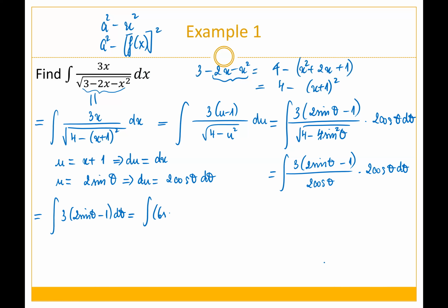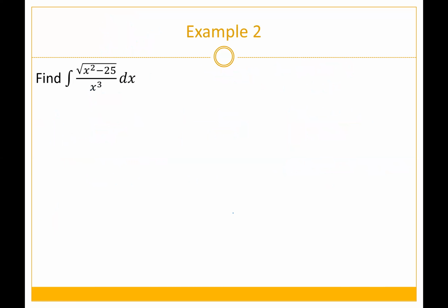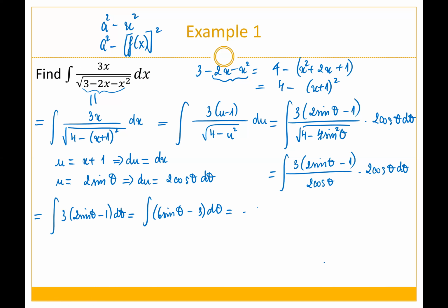So it's 6 sine theta minus 3 d theta, which is going to be negative 6 cosine theta minus 3 theta plus c. Remember, this is an indefinite integral, so you need the c behind it. But things are easy now, so you get everything in theta and you solve the integration.